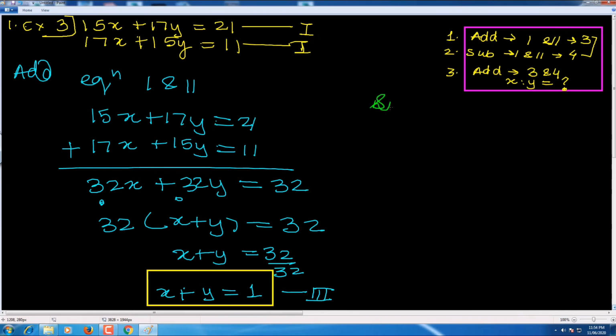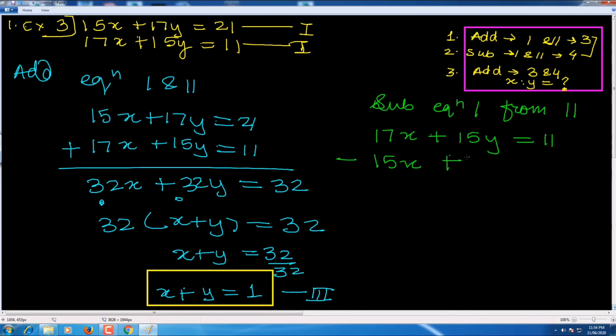Let us subtract equation 1 from 2. I hope this is clear. We have to subtract equation 1 from 2, so we write equation 2 first and then 1. Therefore 17x + 15y = 11 minus (15x + 17y = 21).